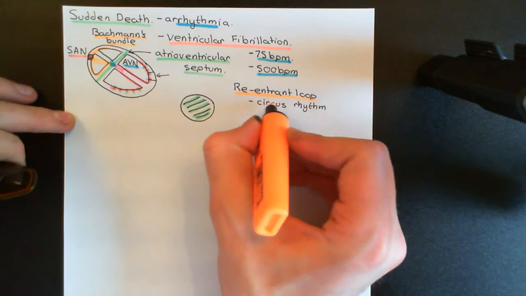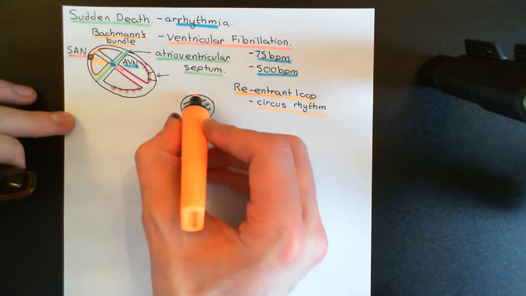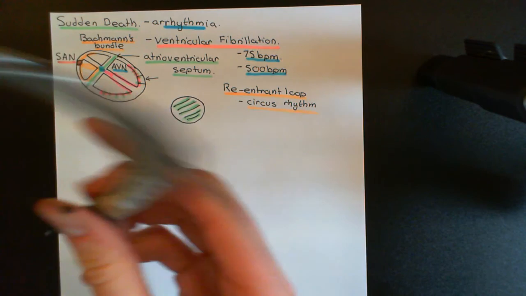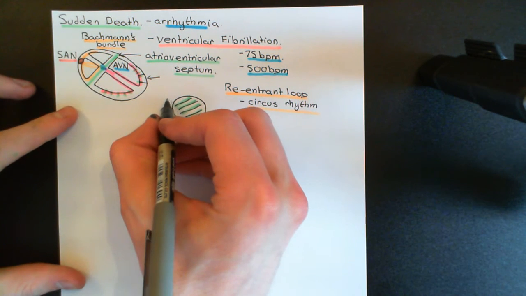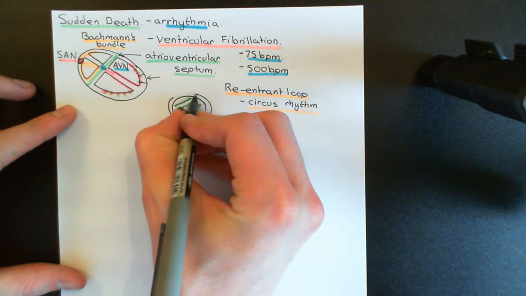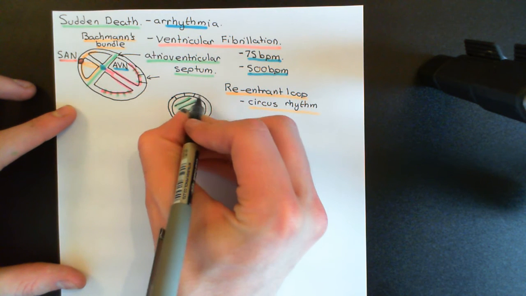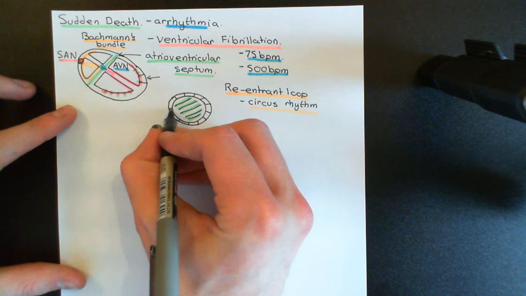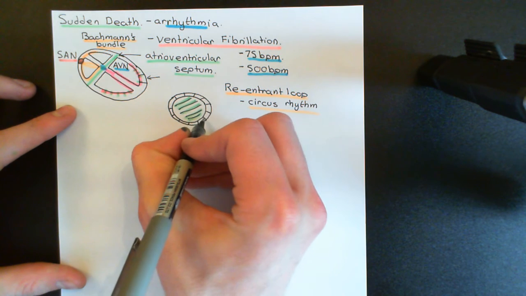When we've got this portion of myocardium that's no longer participating in the electrical signal, the electrical signal can't spread to this area. What can happen is the cardiomyocytes around the edge, so if I draw a few cardiomyocytes around the edge here, like so, can potentially propagate an electrical signal all the way around.